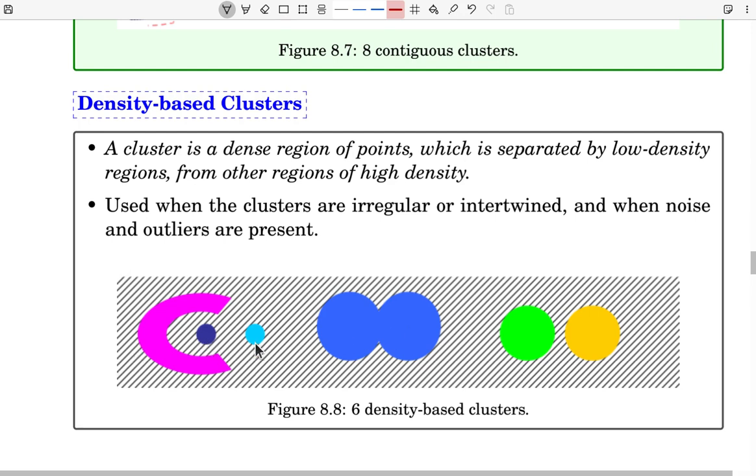They are separated in this way. So the 1, 2, 3, 4, 5, 6 density-based clusters can be detected. And of course, you have to design the clustering algorithm to detect these clusters. So based on the type of clusters, the algorithm will be different.